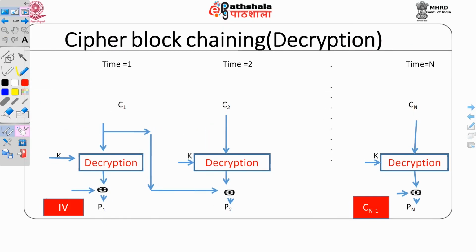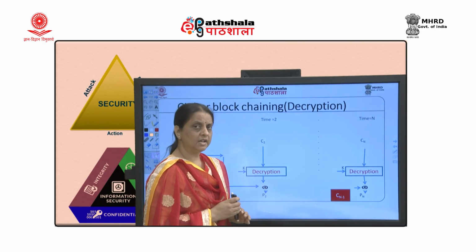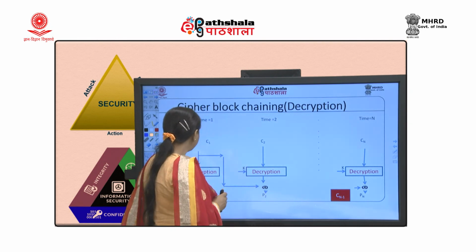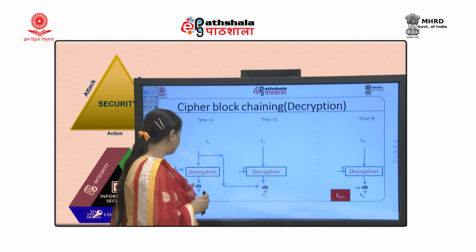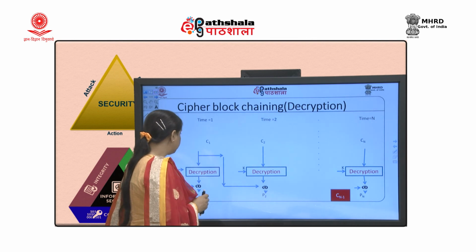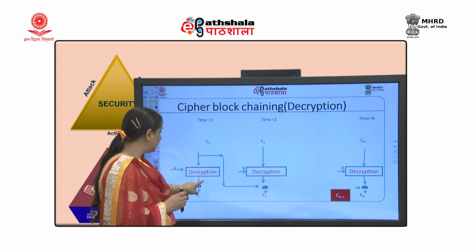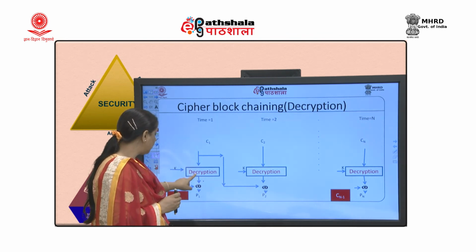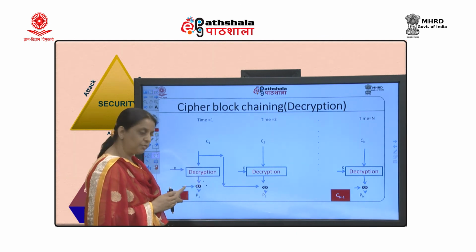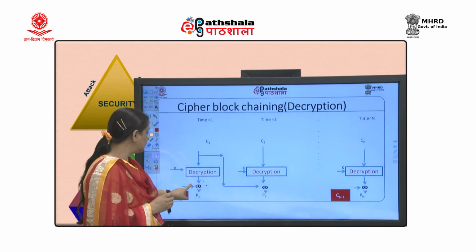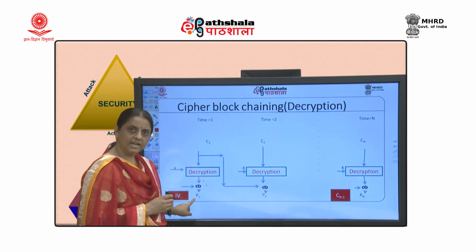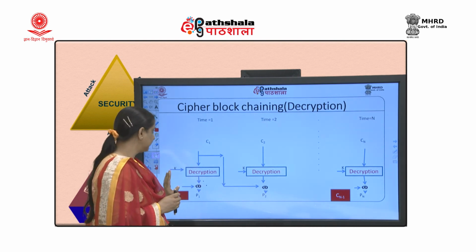So, before analyzing whether this kind of mode of operation is secure or not, I would like to point out the decryption part, how the decryption would work. So, C1 would be fed as an input, the key would be given, and the decryption process would generate an output, which would be exclusive OR with the initialization vector, and we will get our plain text 1 back.